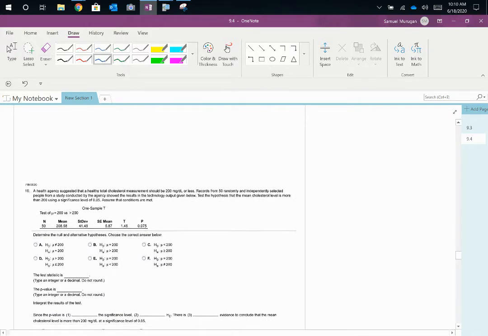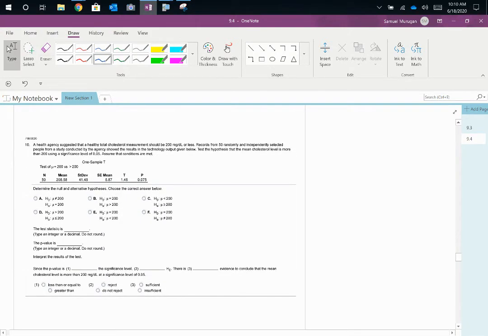So let's get right into some of the problems that we have here. This question here has a printout from a T-stat calculation already, and all we're trying to do here is to answer the question. A health agency suggested that a healthy total cholesterol measurement should be 200 milligrams per deciliter or less.